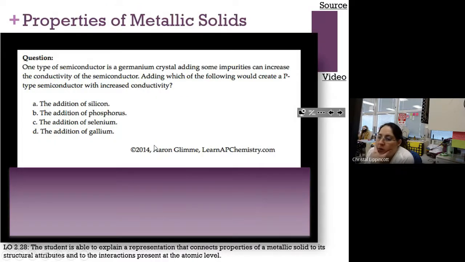All right. One type of semiconductor is germanium. Adding some impurities can increase the conductivity of the semiconductor. Adding which of the following would create a p-type semiconductor with increased conductivity? I think they took that doping out.